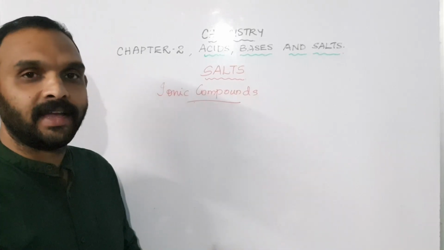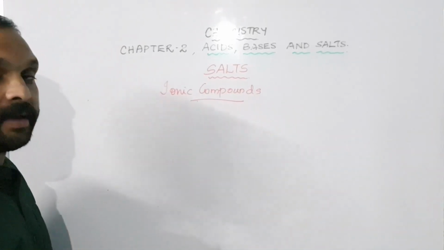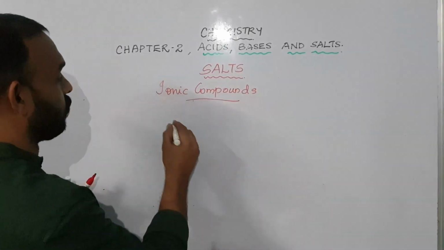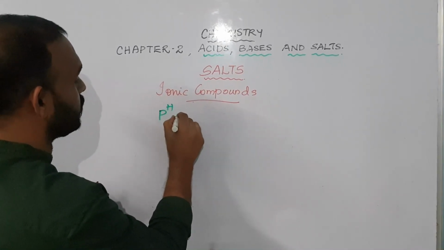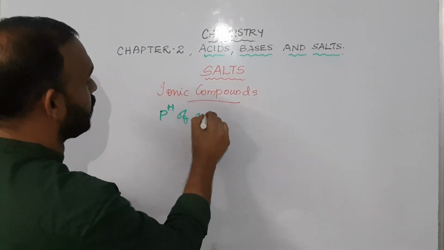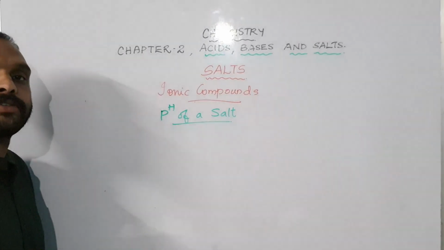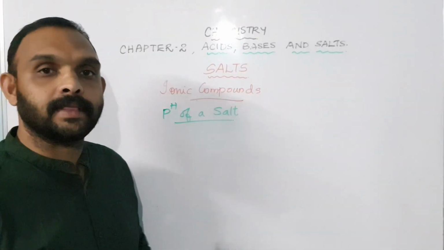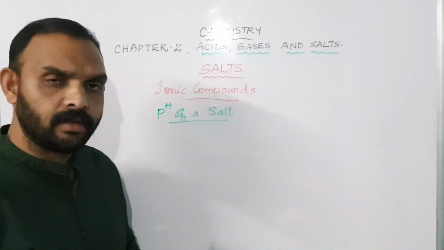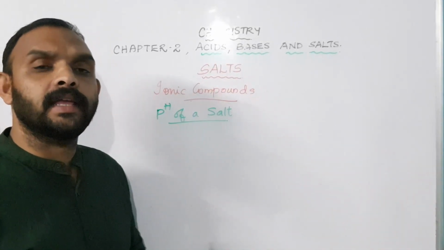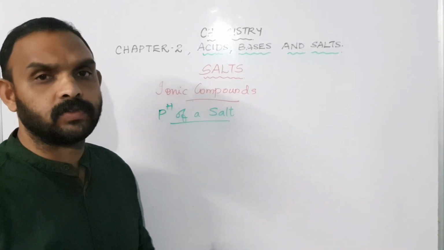No. So for that we have to study about the pH of a salt. We have already seen what is meant by pH, and to study the pH of salt you should know the types of salts. We can say that mainly there are three kinds of salts.